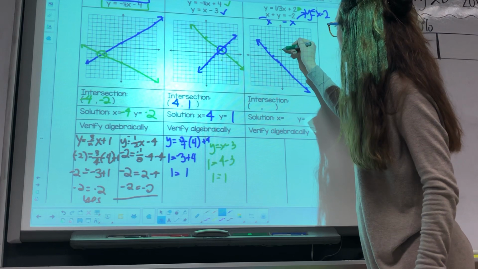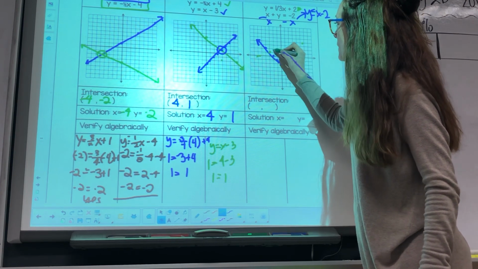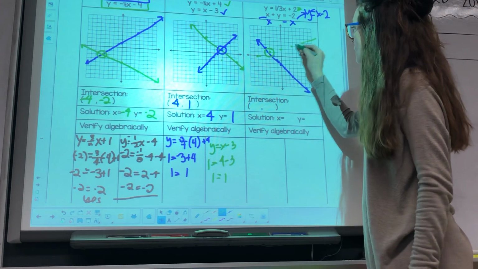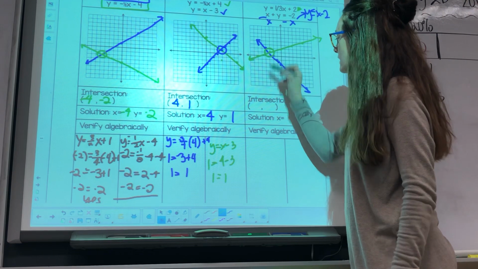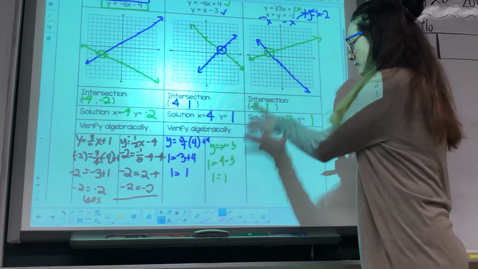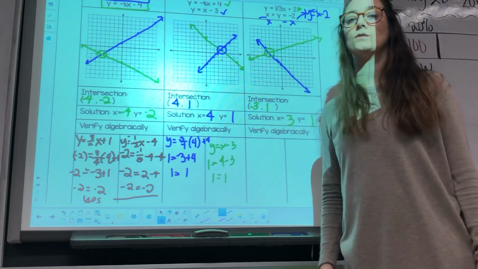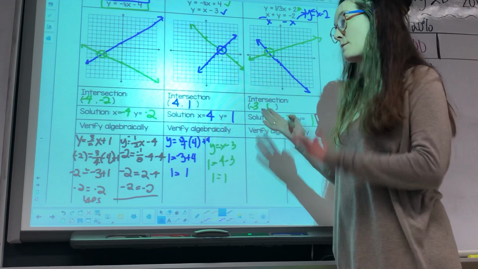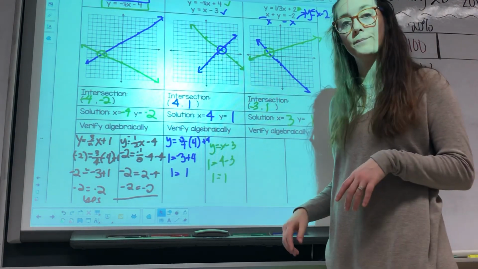Down 1, back 3, down 1, back 3, and then you should be able to see where that intersection is happening. So this time our intersection is at (-3, 1). I'd like for you to go ahead and stop, verify that this answer is correct. Maybe the guest teacher can pause it, and we can move forward.